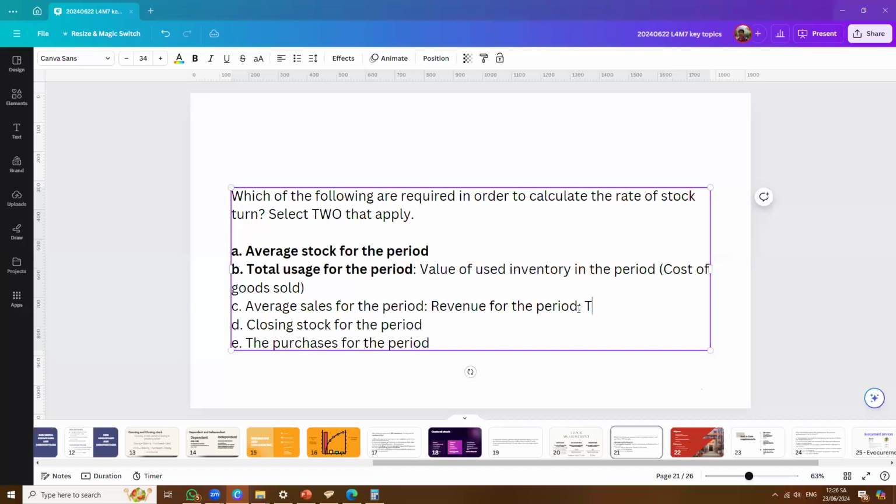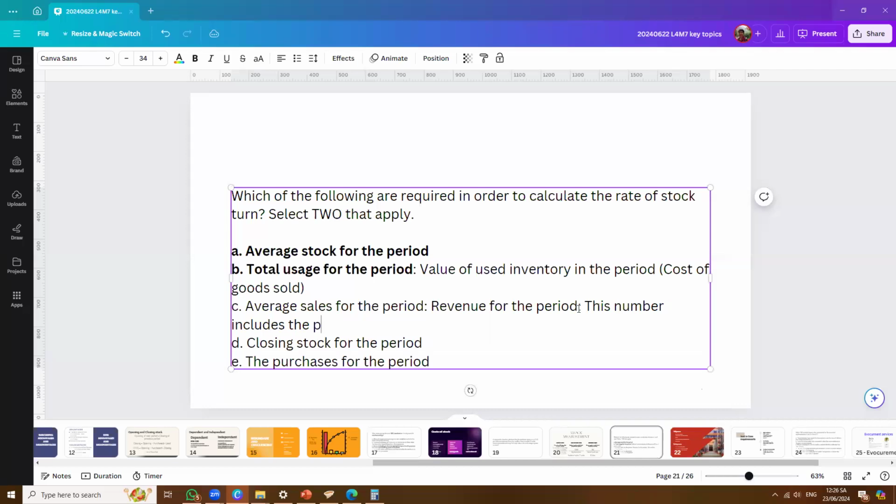This number includes the profit, and it may derail the result.